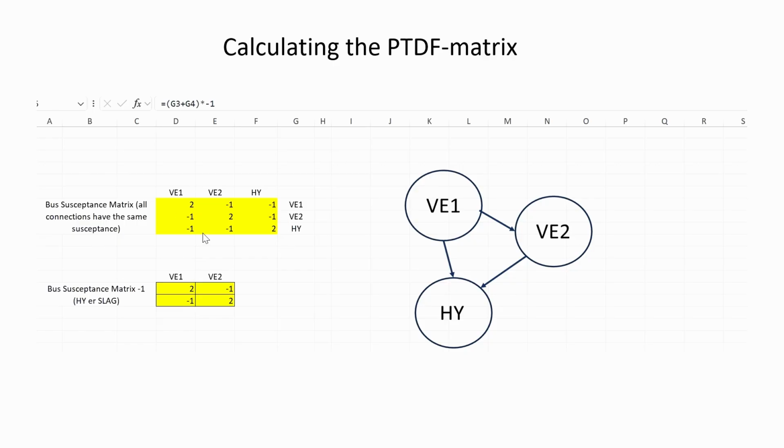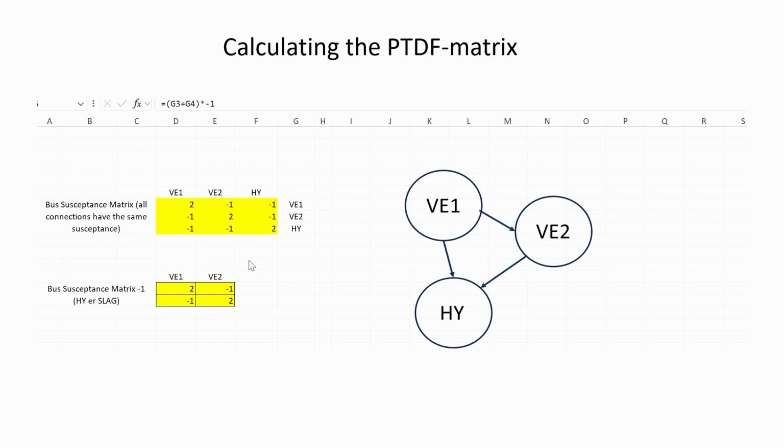So this is the susceptance matrix. In order to calculate the power transfer distribution factor matrix, we have to have the reactance matrix. In order to do that, we need to invert this matrix. We cannot invert this bus susceptance matrix.